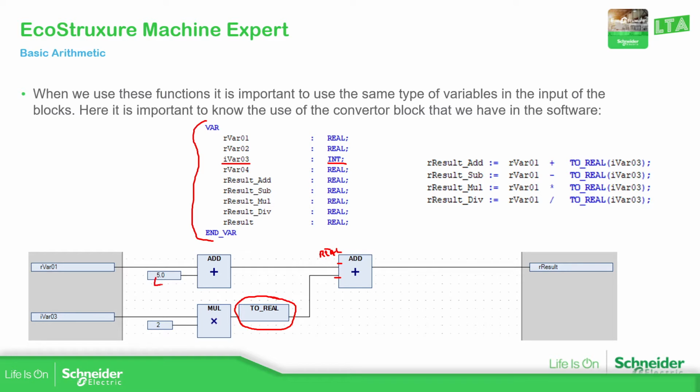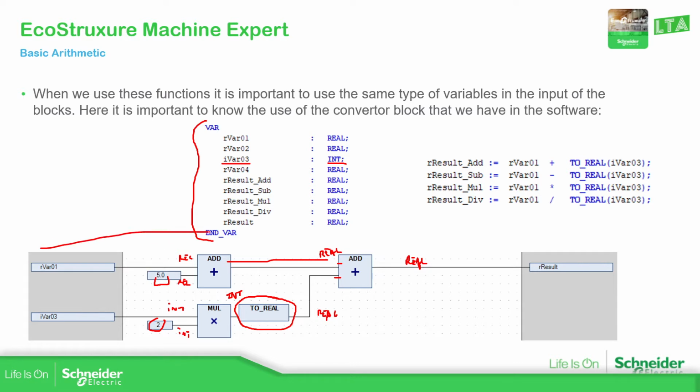You can see I use 5.0 because it's real, and iBar is just the 2. Then I multiply int with an int constant. This one is already real. Here the result is going to be int, but based on the converter it becomes real, and here I have the real result.